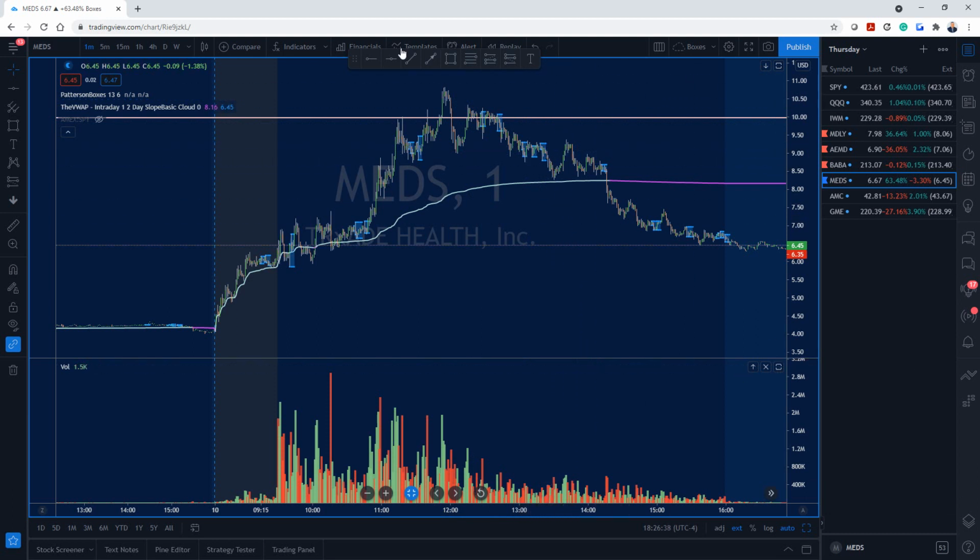Okay? If you like what you see and you want to understand how can I start using this, you can start using it by looking at the volume yourself, but the algo makes it really, really easy to spot it.